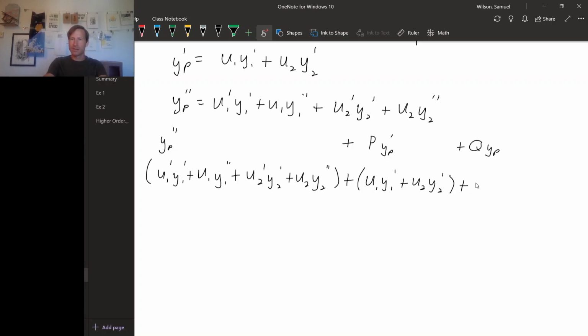So plus q times u1 y1 plus u2 y2. And this is all supposed to be equal to the right-hand side of the equation, which was f of x.